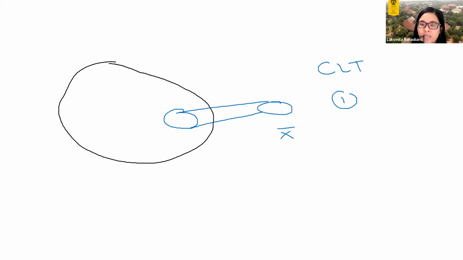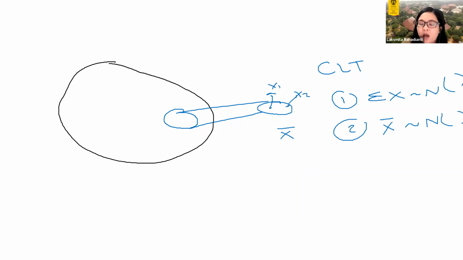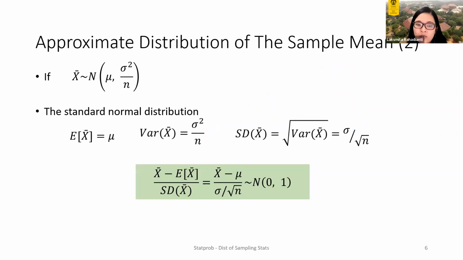The first is that the sum of these x's, x1, x2, and so on, will be normal, as well as the average of the x's. If it is a normal distribution, then I should have two parameters, the mean and the standard deviation, which we already saw.